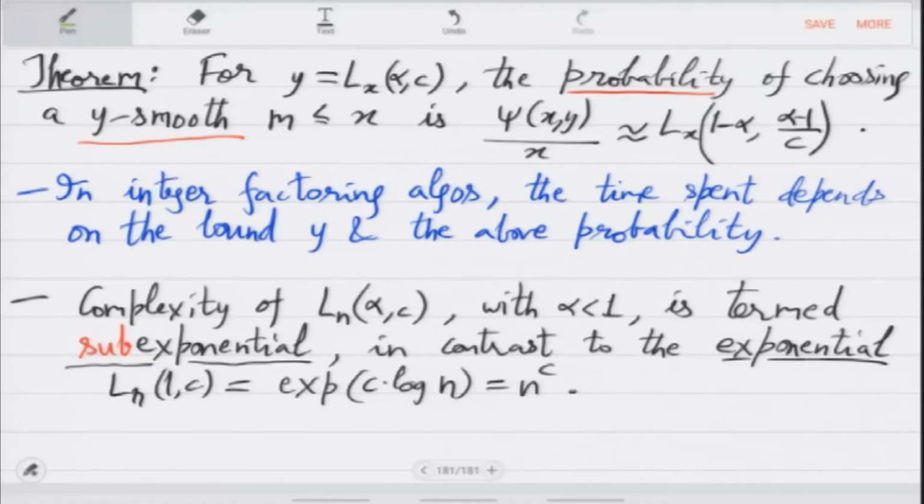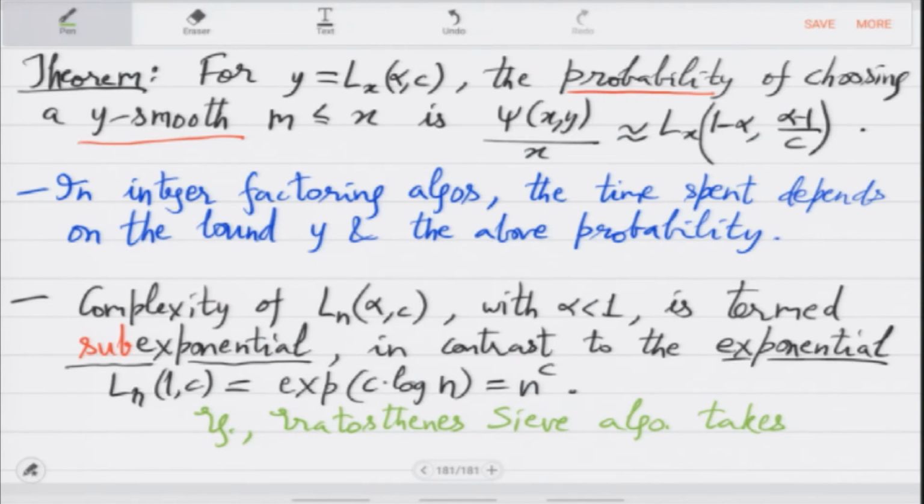So for example, Eratosthenes sieve. Eratosthenes sieve is just you divide by all numbers from 2 to square root n to factor n, right.